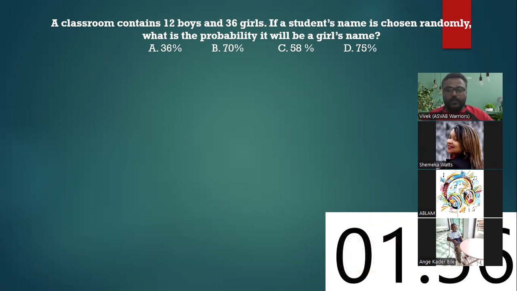Whatever probability that you're going to get, you need to multiply by 100. Angie got the answer. And Angie, you're right.